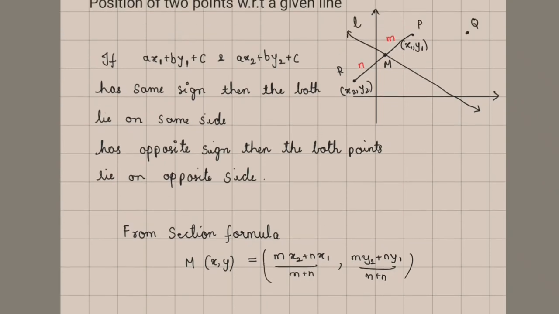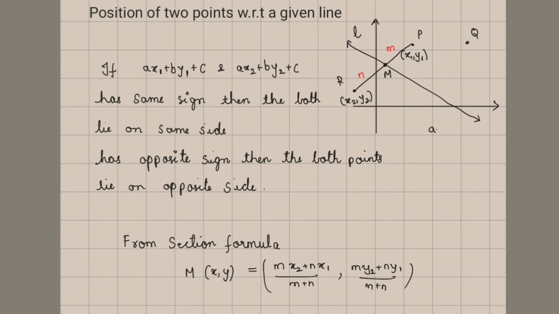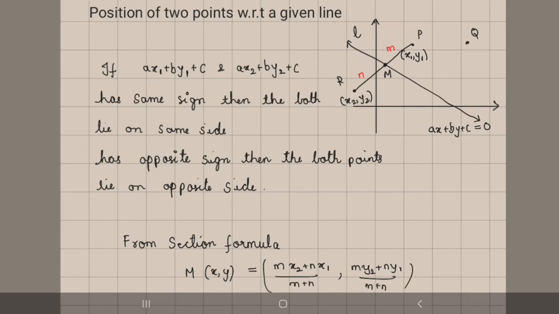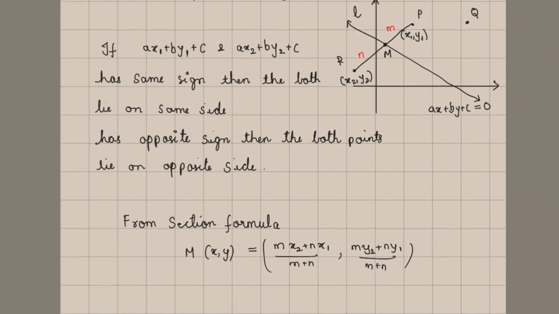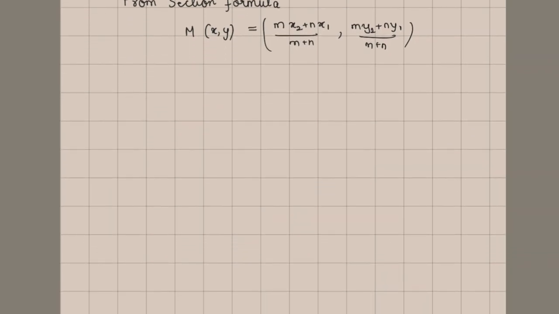So this is the point M. But we know that this point M is the intersection of PR and line L. So this M lies on the line L. We know the line equation L is Ax + By + C = 0. So if you substitute this point M in the equation Ax + By + C = 0, it should satisfy. So I am substituting that.